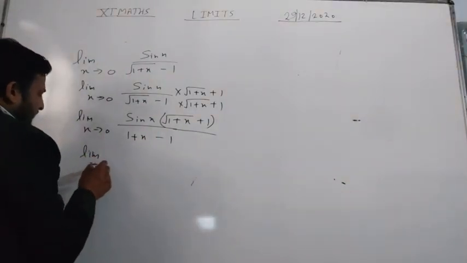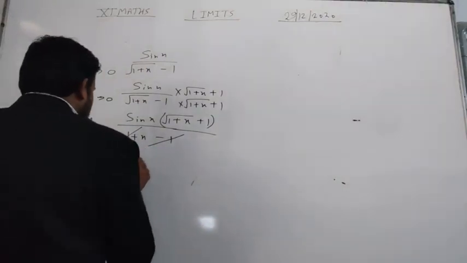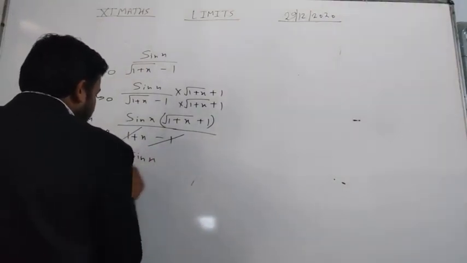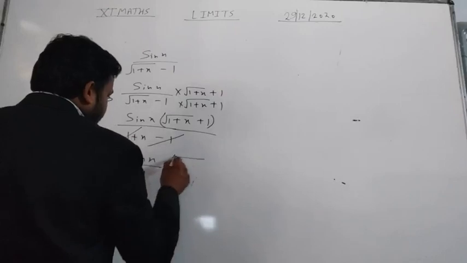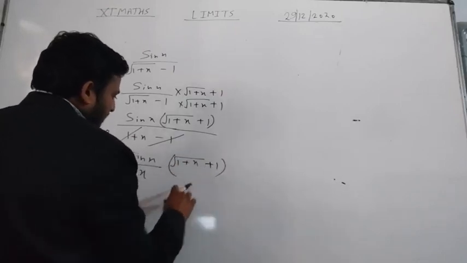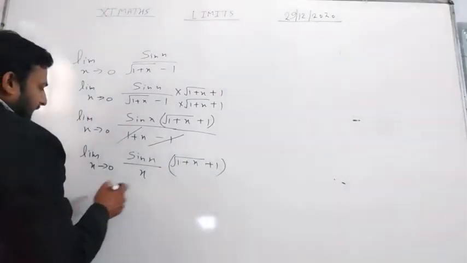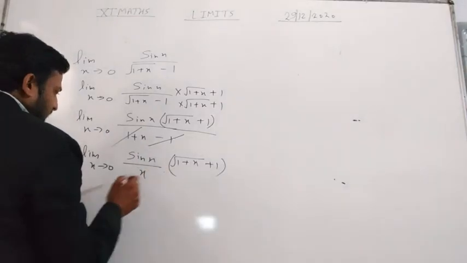So limit x tends to 0, student, we are considering that this will be cancelled, and here we write sin x by x times 1 over root 1 plus x plus 1. I hope you understand, students. Now, student, we take the limit of both functions.